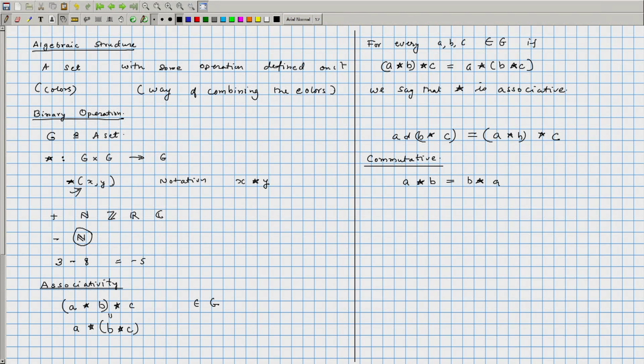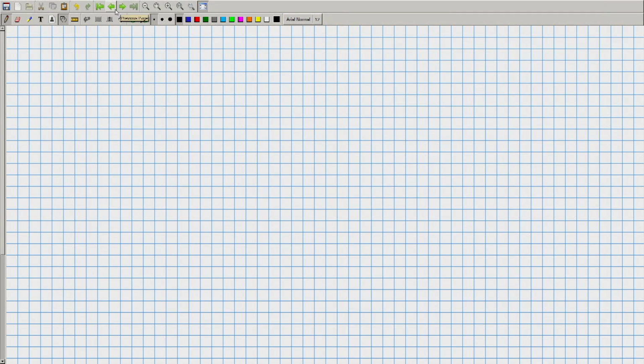So, now after we have understood what binary operations are, what associativity is and what commutativity is, we can define what a group is. The formal definition: a group is a set G with an operation star. We call it star, you can use any other symbol.